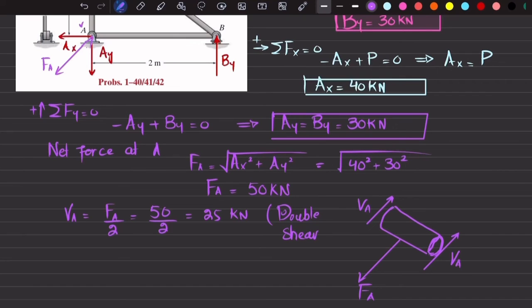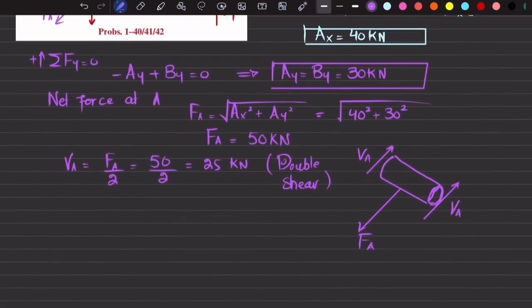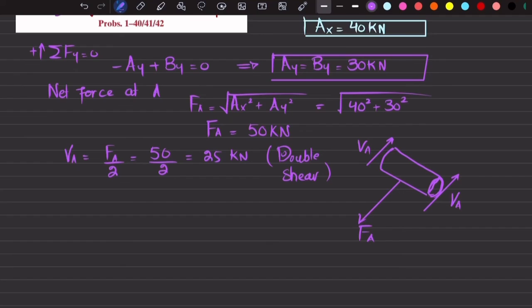Okay, now you have this shear force, so we will move and we will find the average shear stress. So I will write average shear stress, which is equal to tau, and that is equal to shear force VA divided by shearing area. So how will we find shearing area?